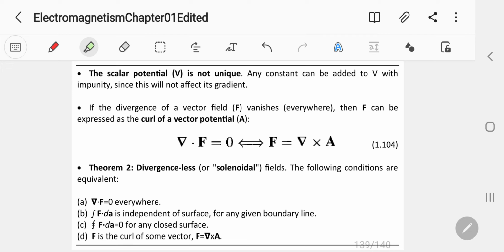If the divergence of F is 0 everywhere, then the integral of F dot dA is independent of the surface for any given boundary line. And so the closed surface integral must be 0, and F is the curl of some vector.